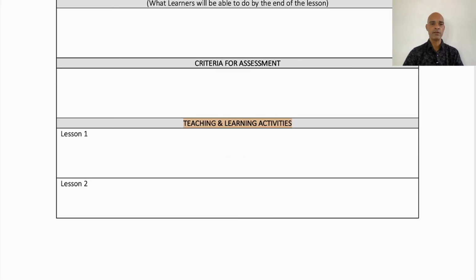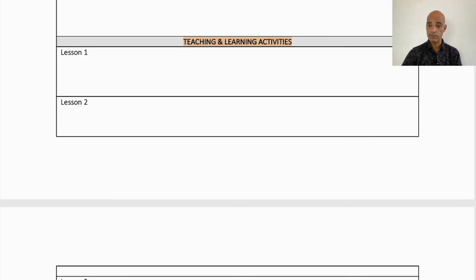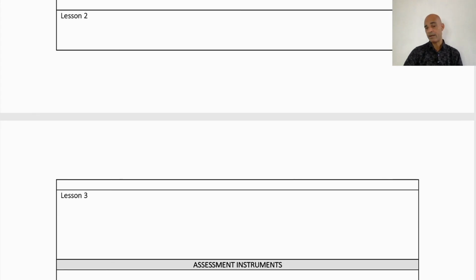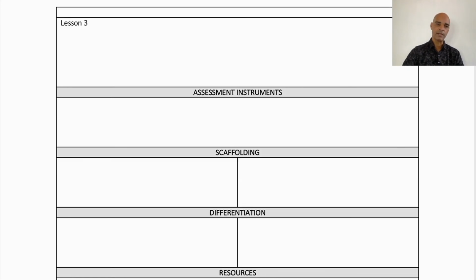In this particular unit, we have lessons 1, 2, and 3, but you could have 5, 10, 11, as we have talked about before. And you have your criteria for assessment above, but here you need to specify what instruments, formative, summative, informal, observational, you are going to need. How are you going to collect data on whether or not students are learning or mastering the content?